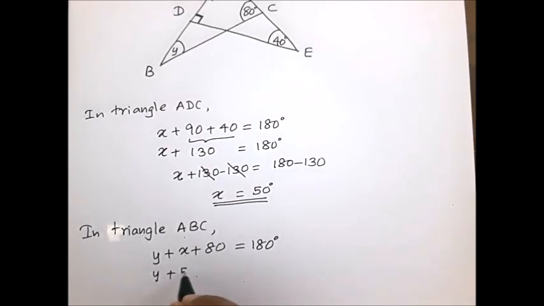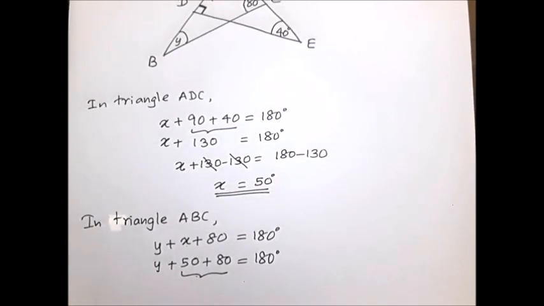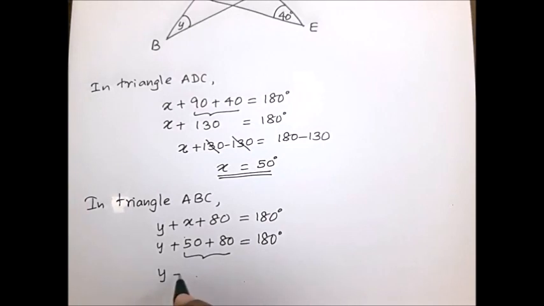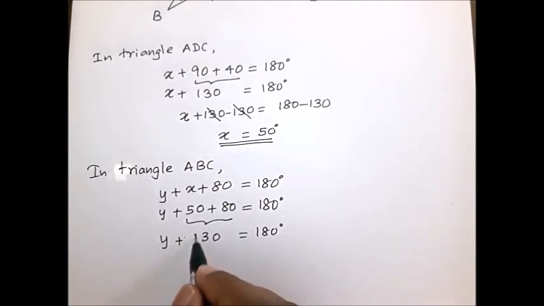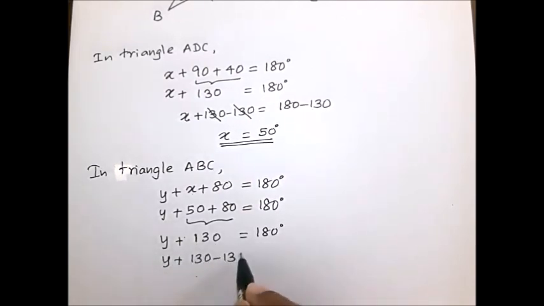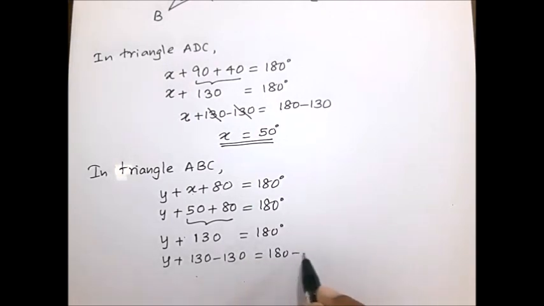So y plus 50 plus 80 equals 180 degrees. 50 plus 80 is 130, equal to 180. To find the value of y, you have to subtract 130 from both sides. Then the answer is y equals 50 degrees. This is the answer for the fifth example.